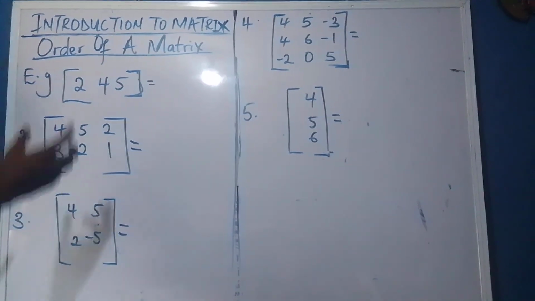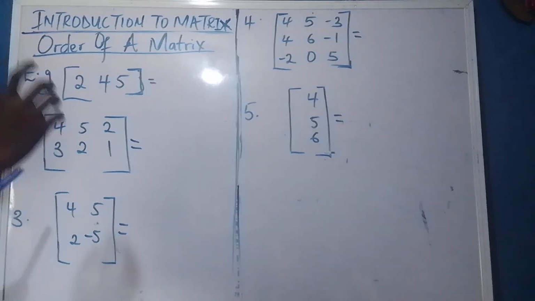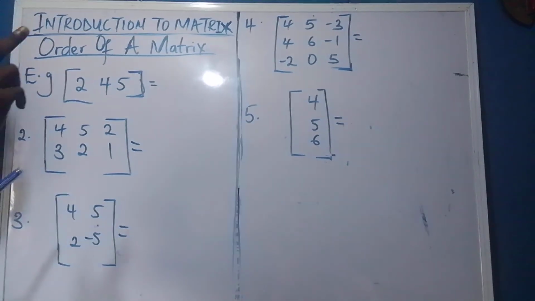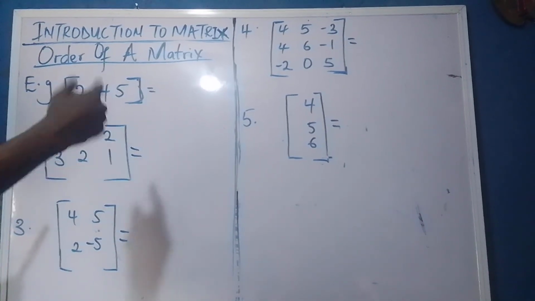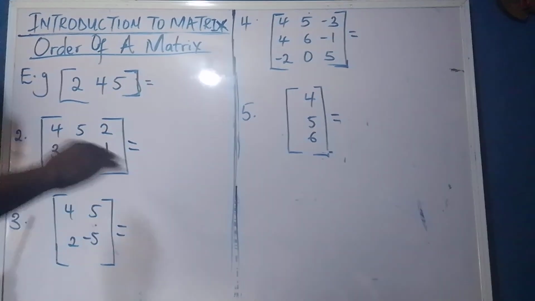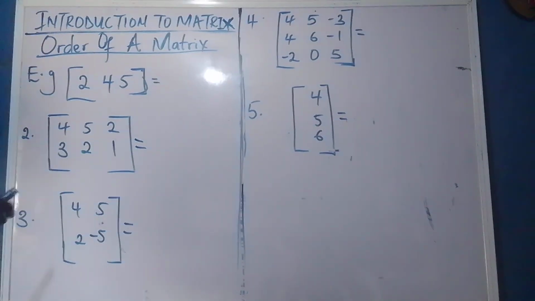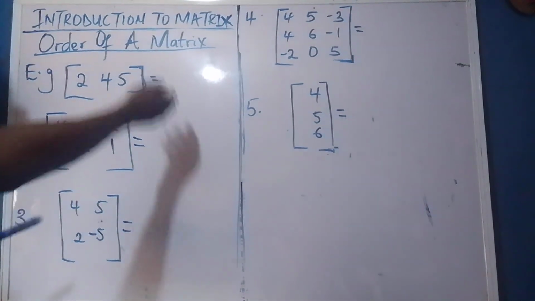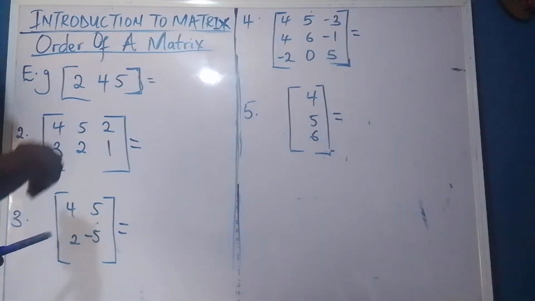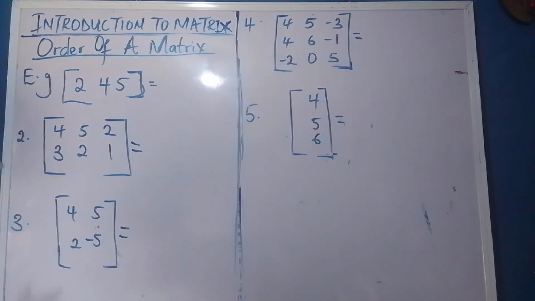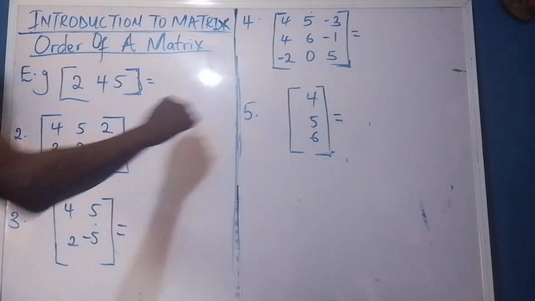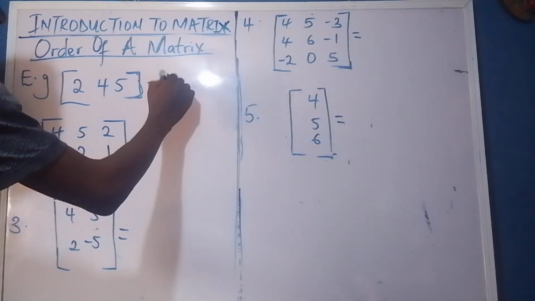Now, how do you know the order of the matrix? The order of the matrix is made up of just two things, just like what I taught you in the beginning, where we talked about columns and rows. But in the order of the matrix we talk about row before column. So row will come before column. Now if I want to know the order of this matrix, there is just one row, which is 1.